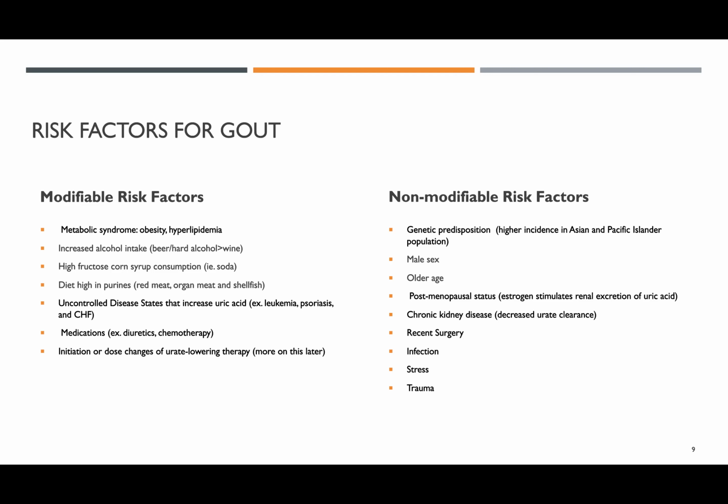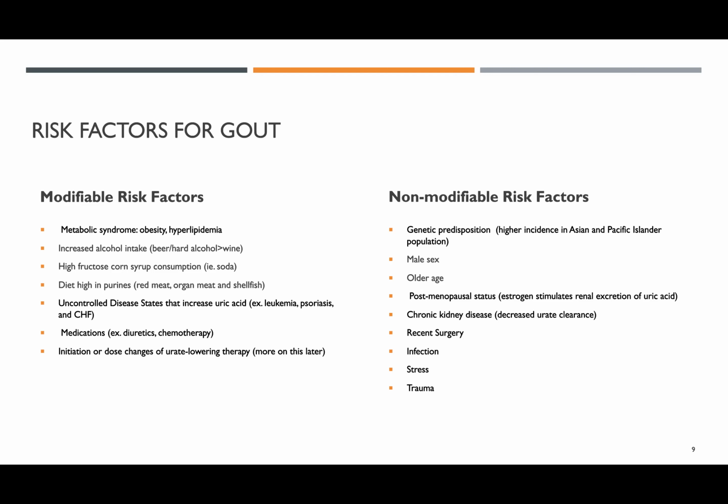Along with that, increased alcohol intake. Interestingly, beer and hard alcohol are a bigger risk factor than wine. Beer can increase your uric acid level by like 18 to 20% just by itself from having a couple drinks of that.